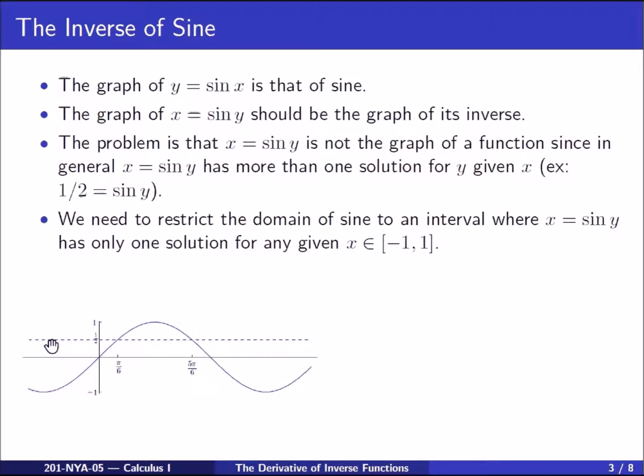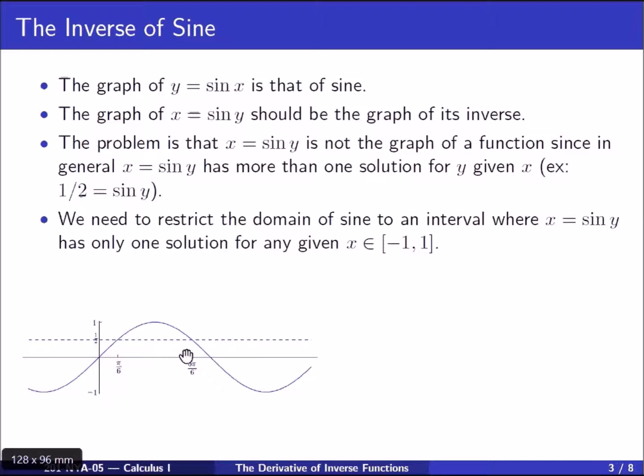So given a value of x, for example 1/2, since this horizontal line intersects the sine curve in many places, there are many solutions to the equation x equals sine of y. So we need to choose a portion of the sine curve where this won't happen, where any horizontal line between -1 and 1 won't intersect the graph of sine in more than one place.